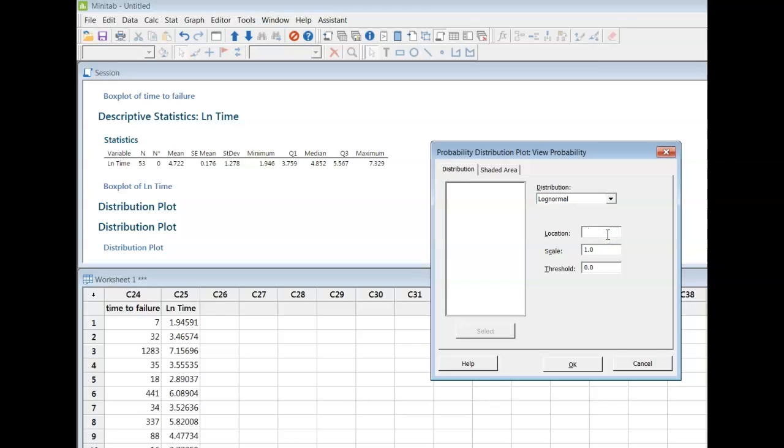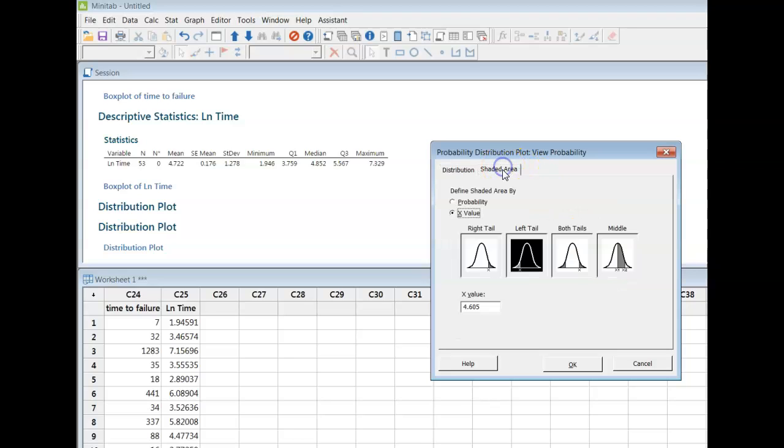When it asks you for location, it's actually asking you for the mean of the log data, which is 4.722, and scale refers to the standard deviation, which for these log data is 1.278. Threshold you leave alone.